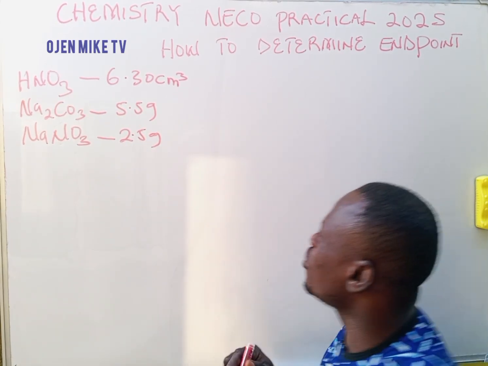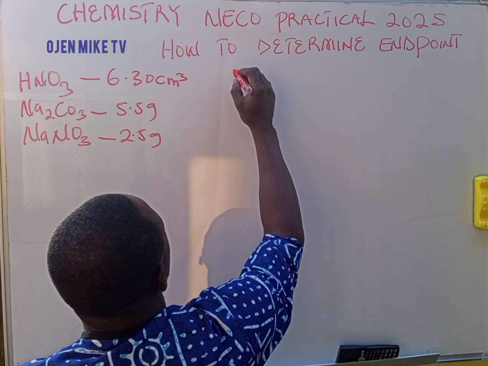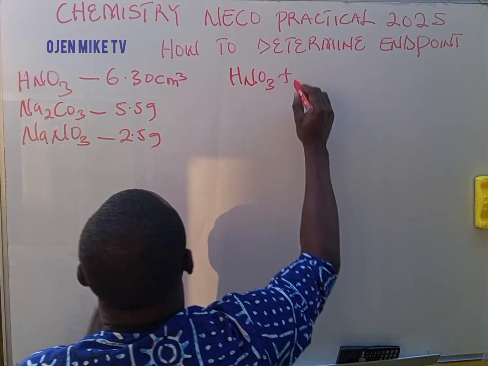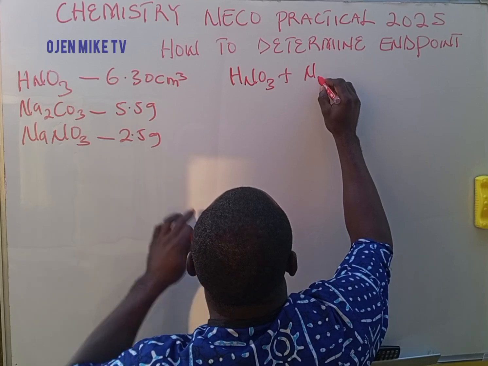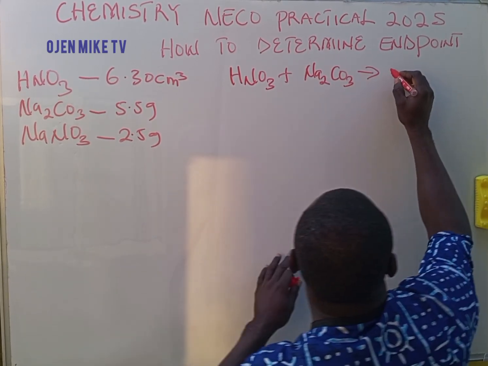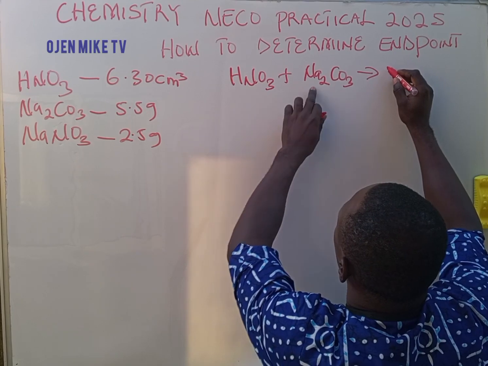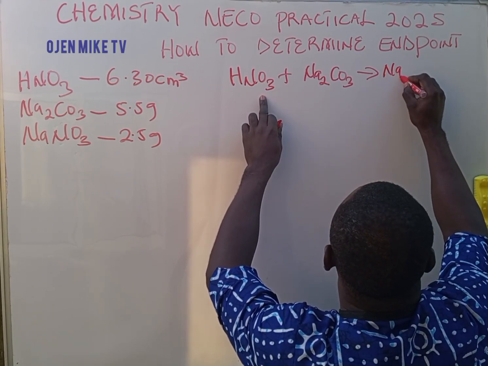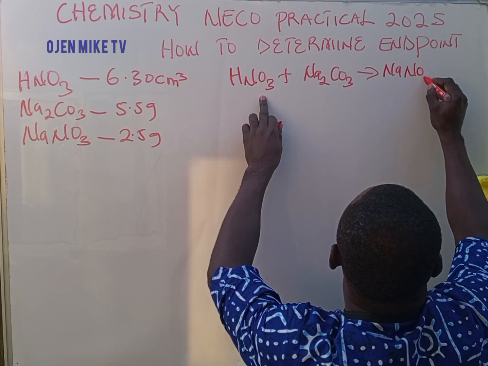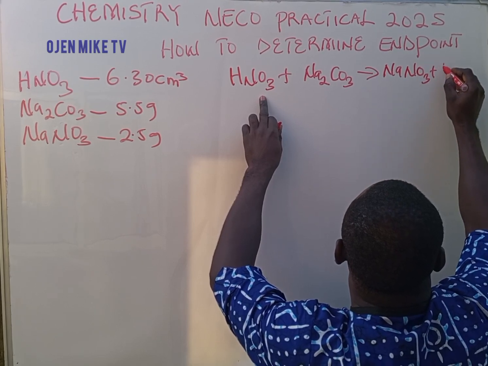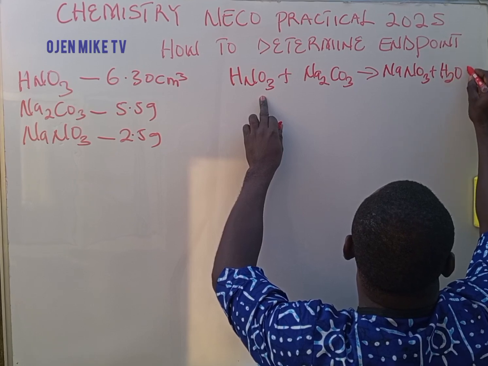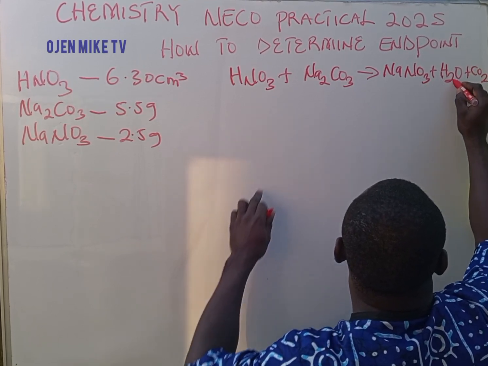So the equation for the reaction will be: HNO3 plus Na2CO3 will give you sodium nitrate plus water, H2O, plus CO2.